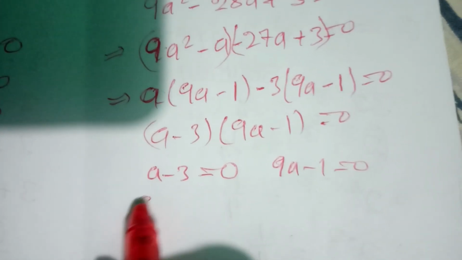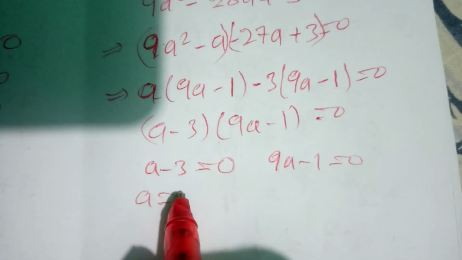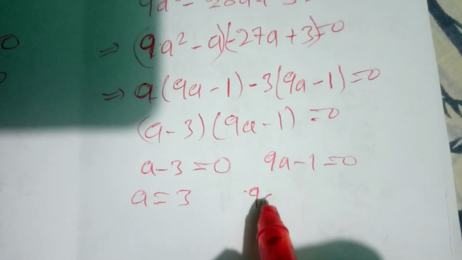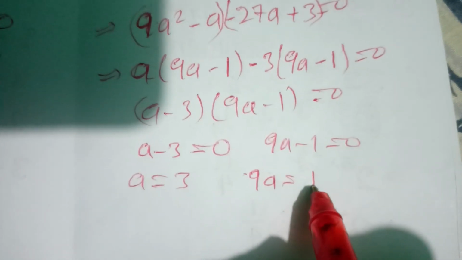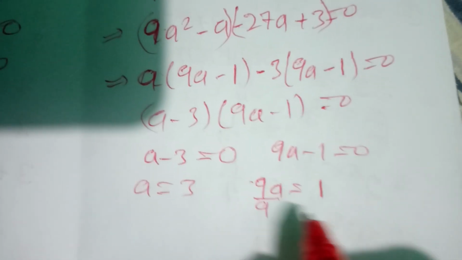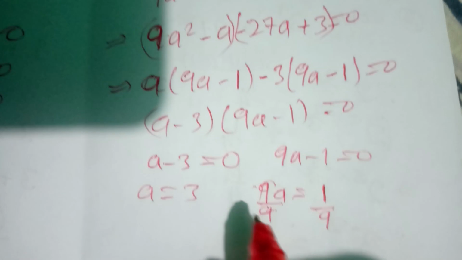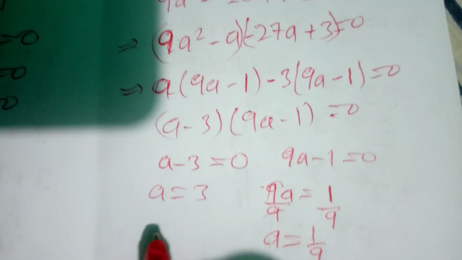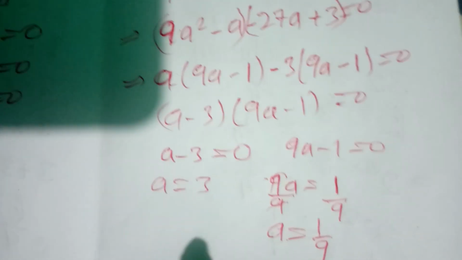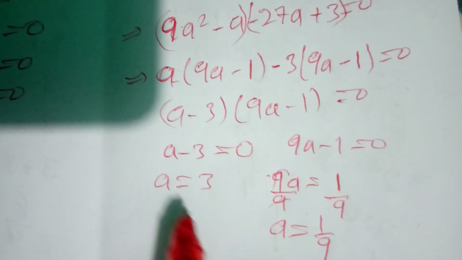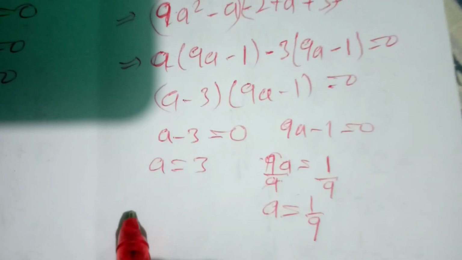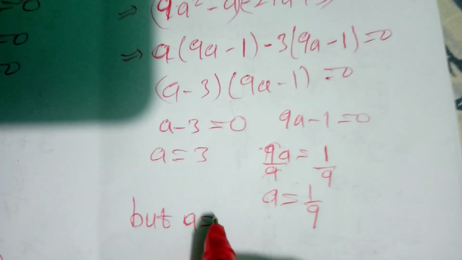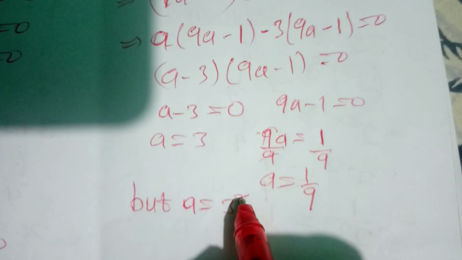So making a the subject, we realize a is equal to 3. Then here 9a equals 1. Divide both sides by 9. So we have a to be equal to 1 over 9. So we have these two answers for a. But you realize that from the beginning, we said a is equal to 3 exponent x.